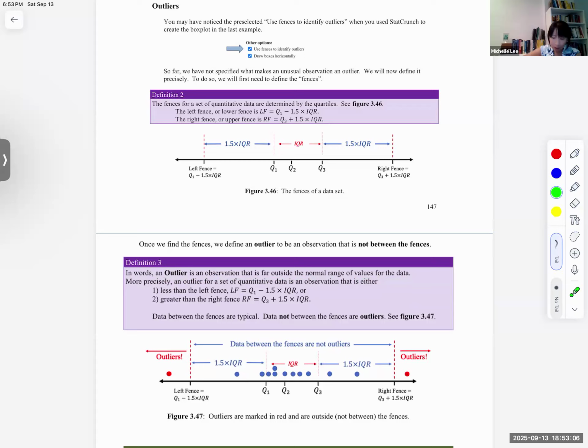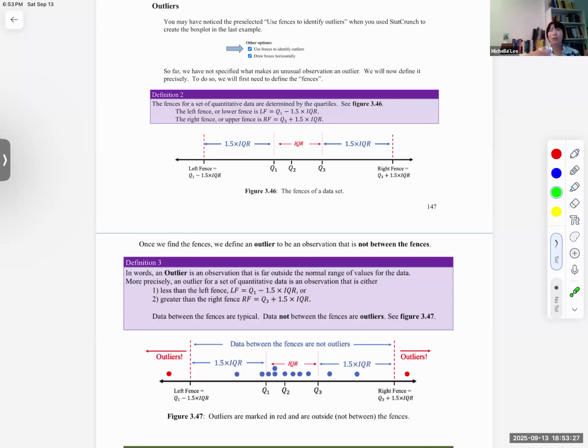Okay. Then how do we know how far away from the other data it is? We have to prove it. How? We have a formula for that. We're going to make a fence: a lower fence and an upper fence, or left fence and right fence, yeah?